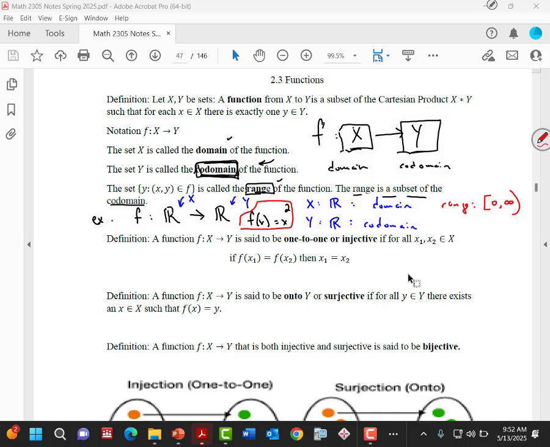And so the codomain is the set of real numbers, that would be minus infinity to infinity. But for this specific function, the range is simply 0 to infinity. That's why the range is a subset of the codomain.